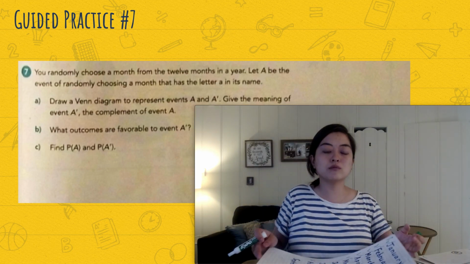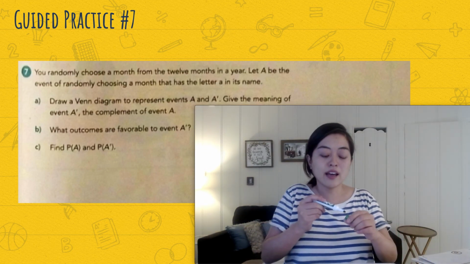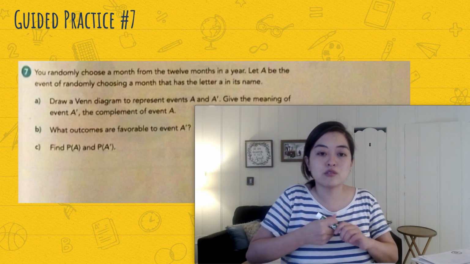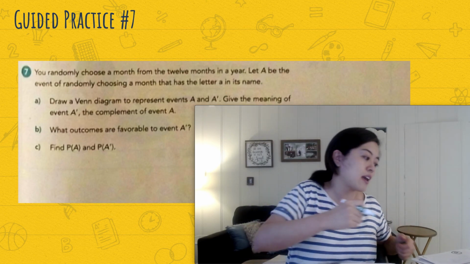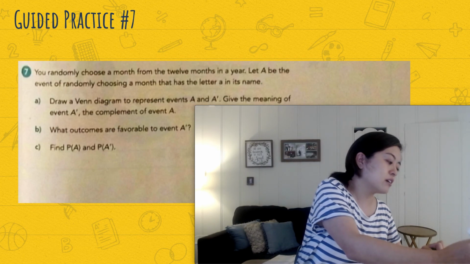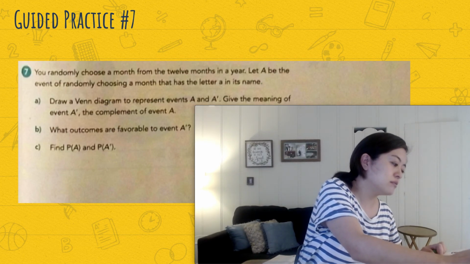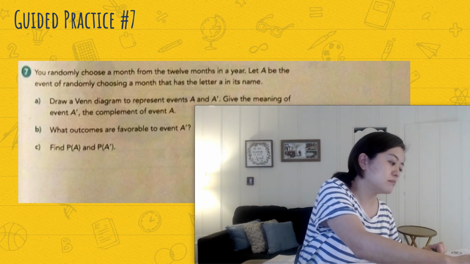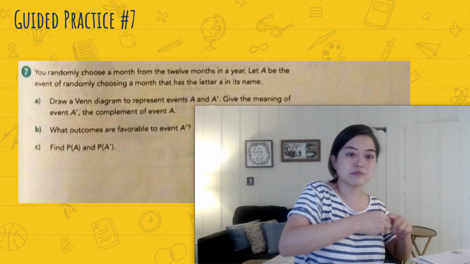So now it says draw a Venn diagram to represent events A and the complement of A. So 6 here.